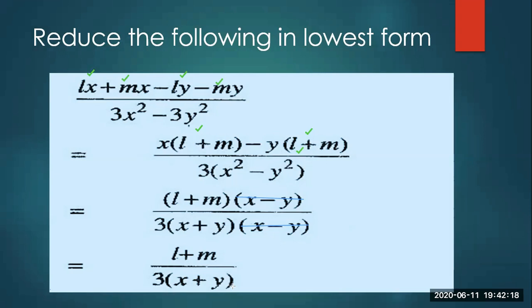Taking the variable as common from the first two terms, and then taking the other variable common from the last two terms, and also considering the sign, we have to take the sign common.